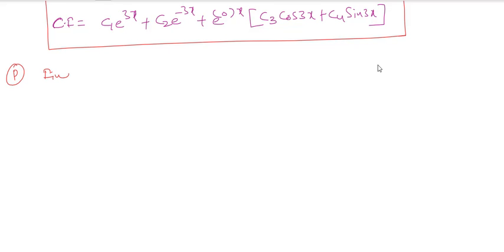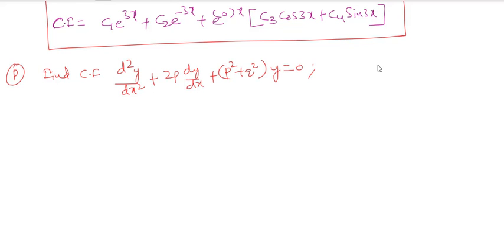Find the CF for d square y by dx square plus 2p into dy by dx plus p square plus q square into y is equal to 0, where p and q are constants. Try to solve this one.